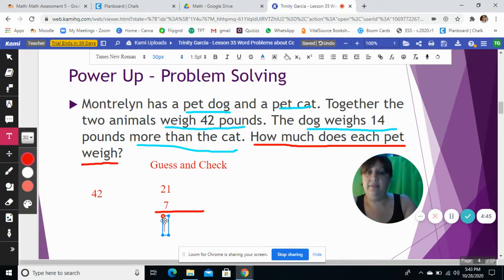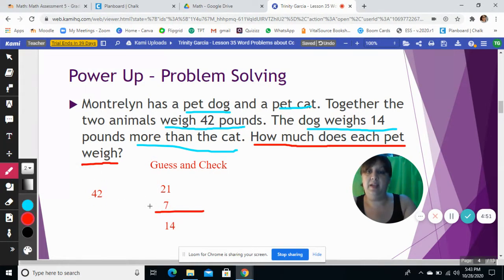All right, if we get 14 pounds here, and that was if we're taking away, right? And if we add 7 on this side, 21 plus 7, and that gives us what? 28, right?